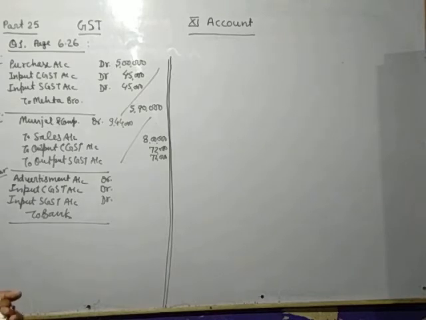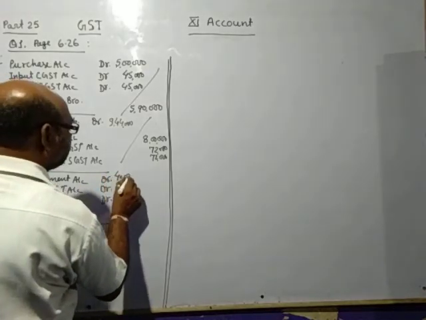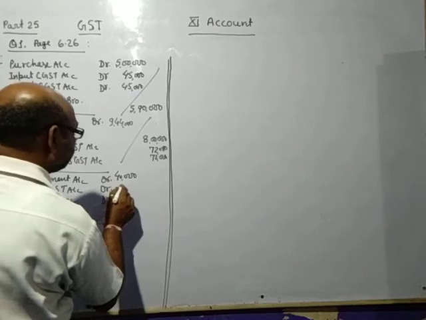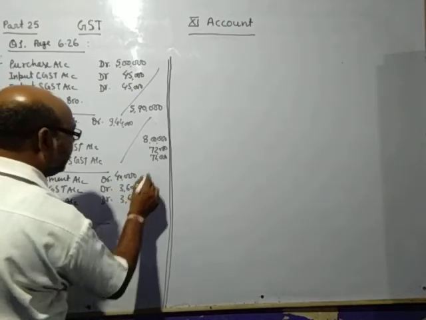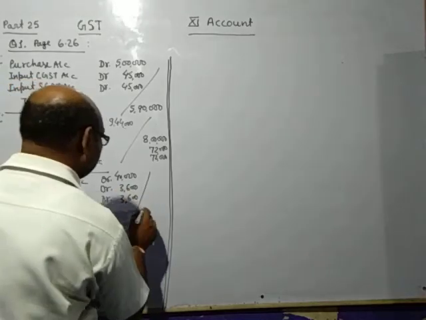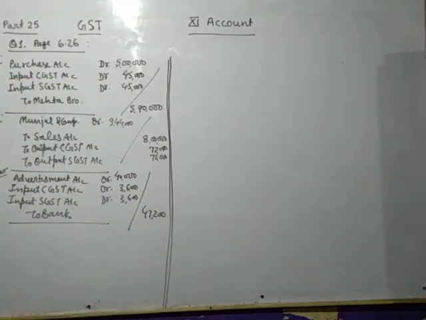That amount is 40,000 by check. 40,000 and 9%, 3,600, 3,600. So 47,200.